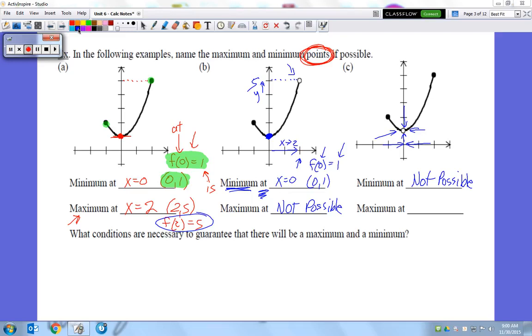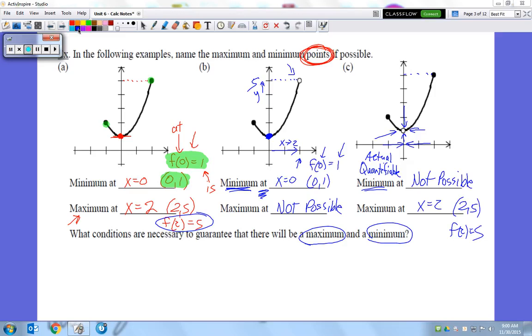So that's why it's not possible to have an actual quantifiable minimum. The maximum would again be possible, and we would say at x is equal to 2, otherwise (2, 5), otherwise f of 2 is equal to 5.